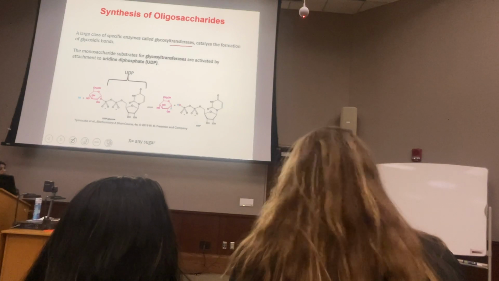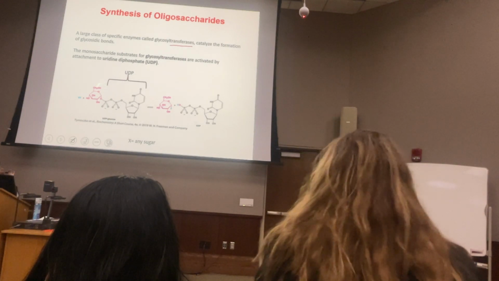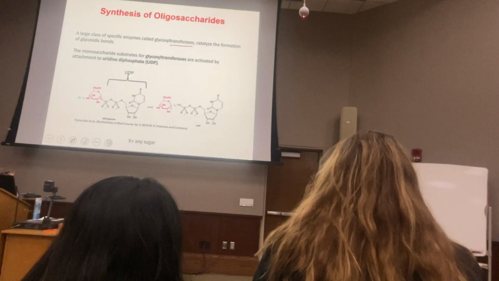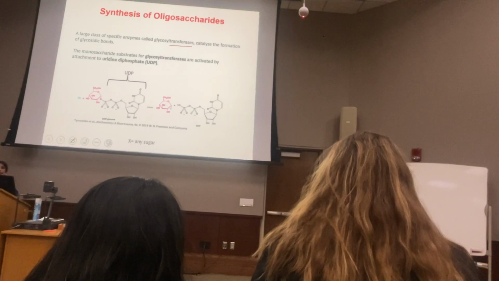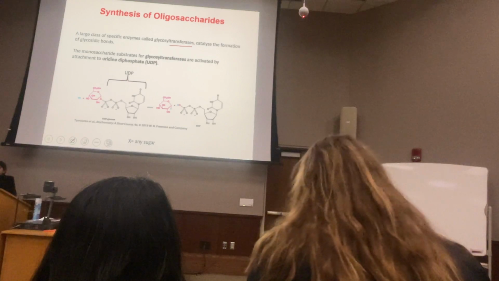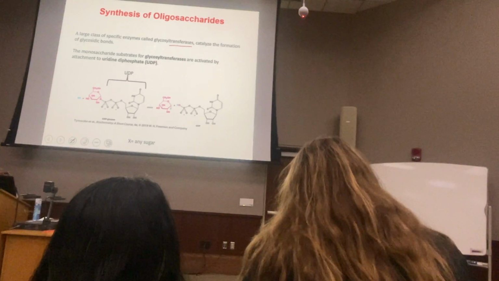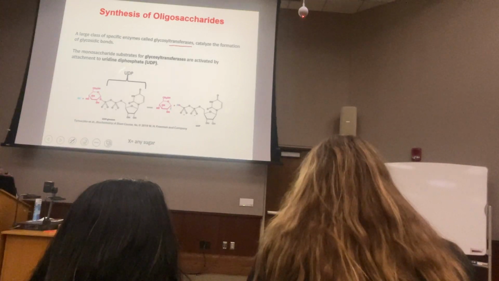So since we're building this together, we have to take the sugar, here's your sugar here, and couple it with a high energy molecule called UDP. This is somewhat similar to an ATP, except there's a uracil. And we really don't know in nature why some specific reactions use UTP, some use ATP. In this particular reaction, we're using UDP that's coupled to the sugar.